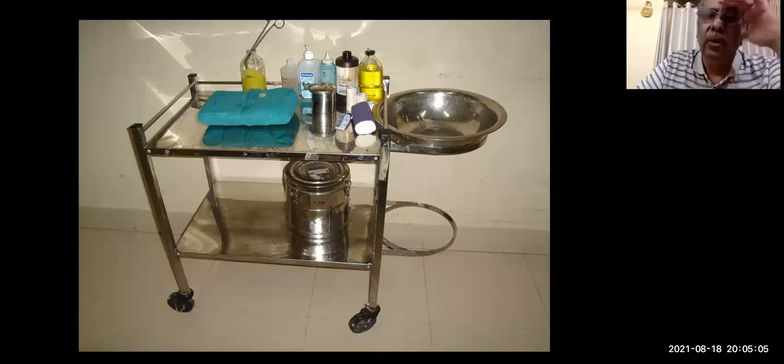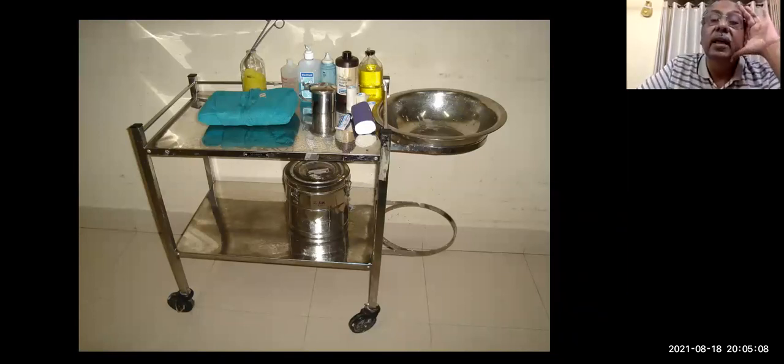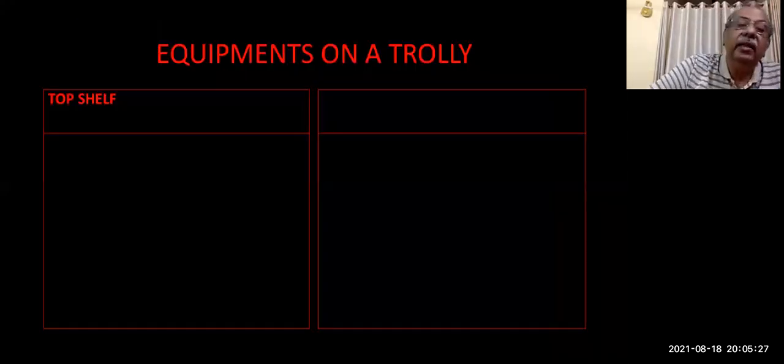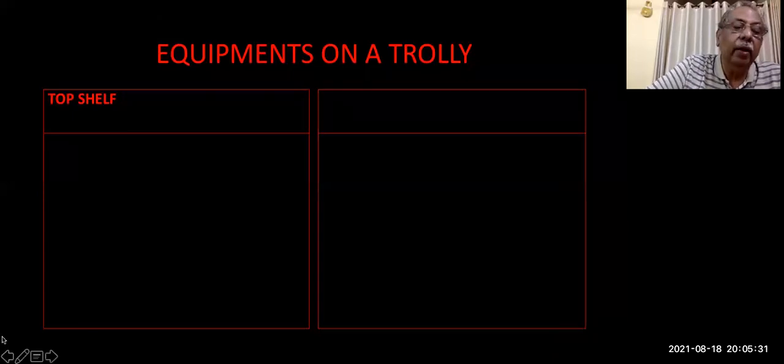Now coming to the dressing trolleys, because these types of trolleys and even modern ones will be available in the ward. Nowadays, most of us are using pre-packed trays instead of trolleys. But there are several big hospitals where this trolley is still being used, and therefore this can again be asked. So what are the equipments in the trolley?